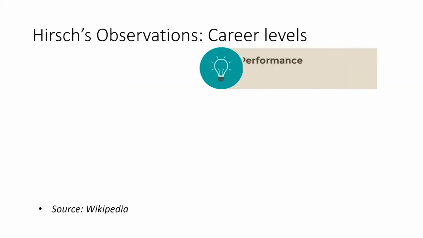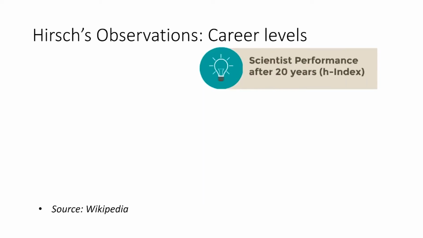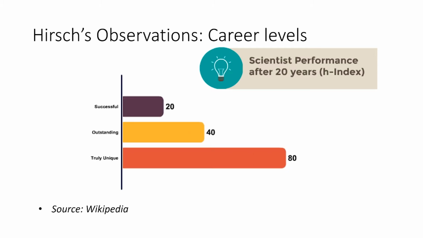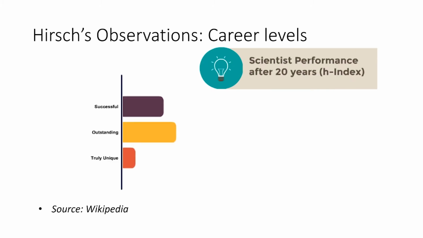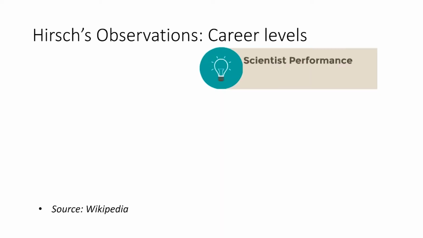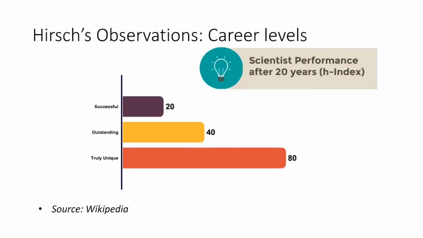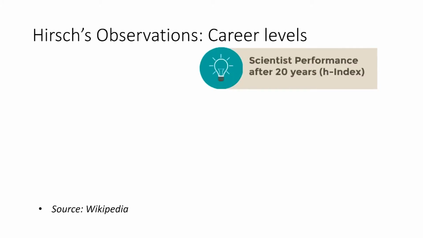We will elaborate our concept with respect to the Hirsch observation, in which he observed the H index on the basis of level of career. Let's see with this table. If we see the H index for the scientist after 20 years of experience, we can predict the level of scientist. As we can see, if H index is 20, the level of scientist is successful.